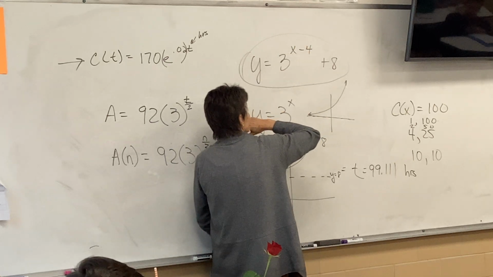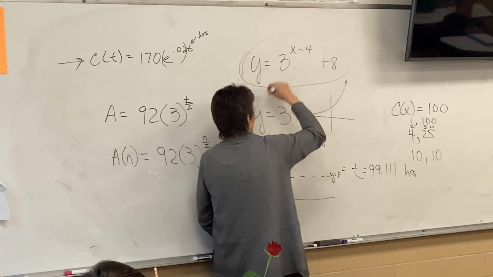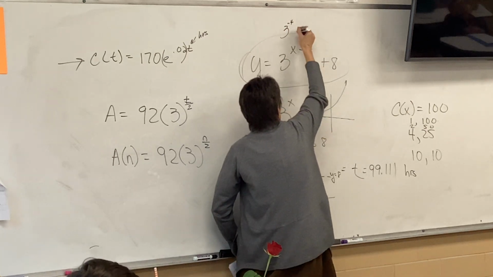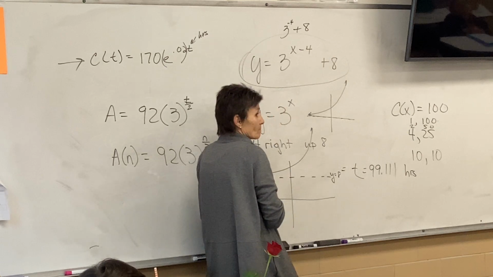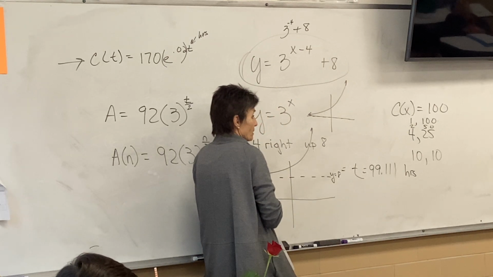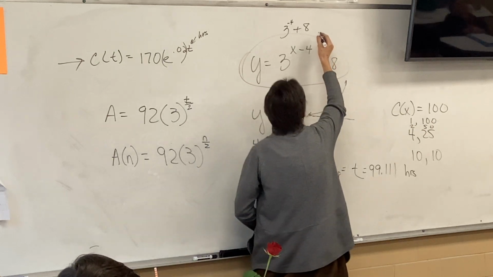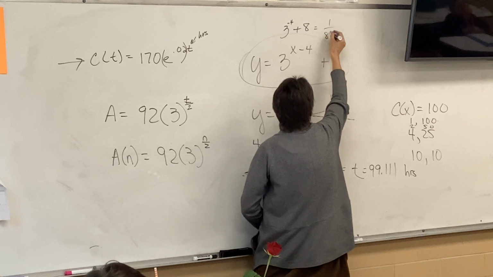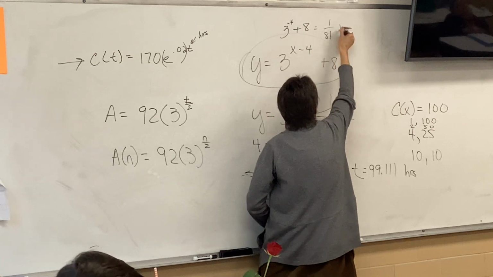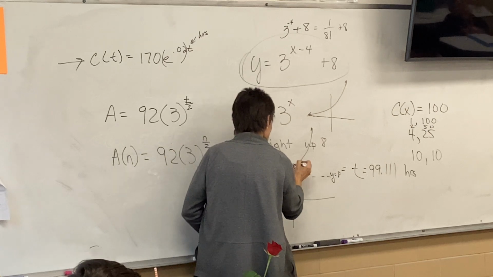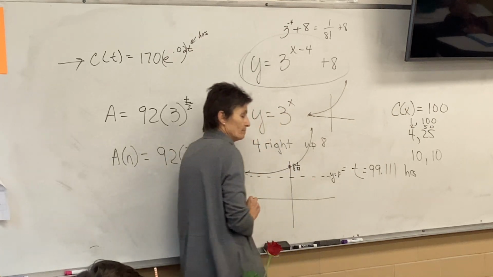And if you plug in 0, what do you get? 3 to the negative 4th plus 8. What's 3 to the negative 4th? 1/81. 1/3 to the 4th. So the y-intercept is 8 and 1/81st.